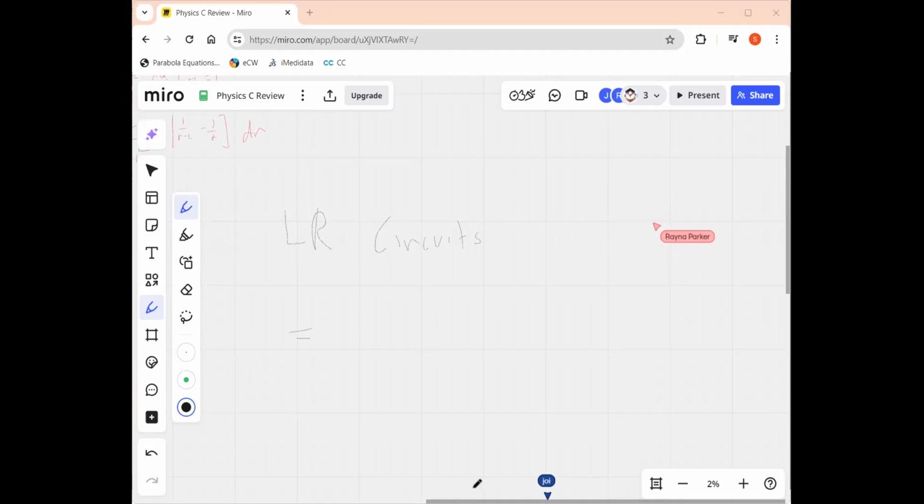Like Gauss's law doesn't really count as a differential equation, I feel like. So I'm just gonna go over LR circuits and then Biot-Savart's, and then that's gonna be all good. And then we're gonna be happy. If I saw a Biot-Savart problem, I'd crash out too.